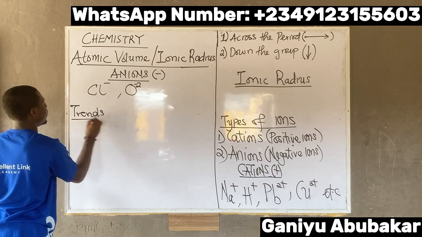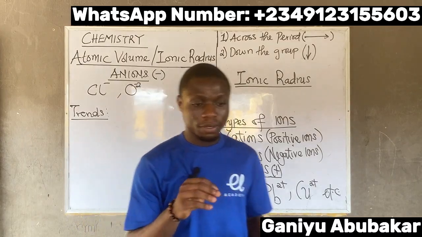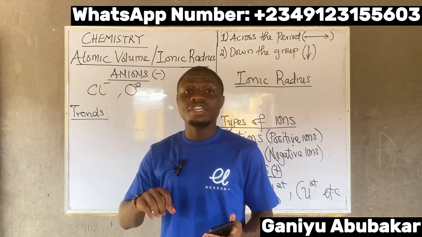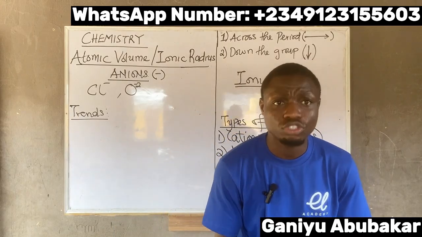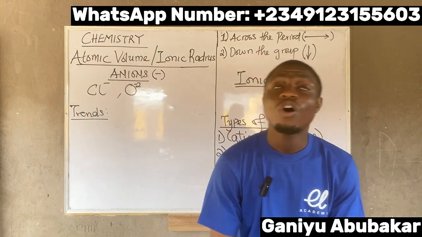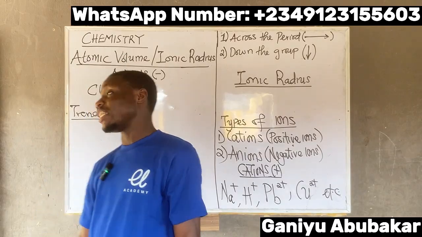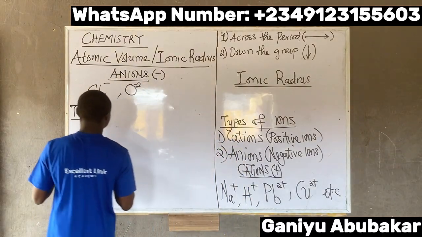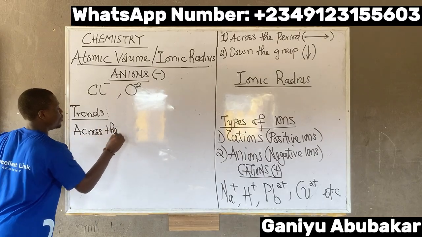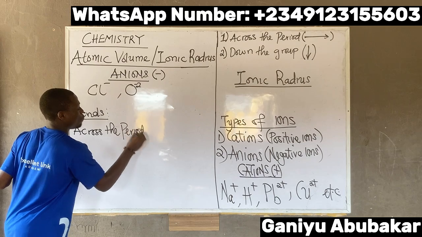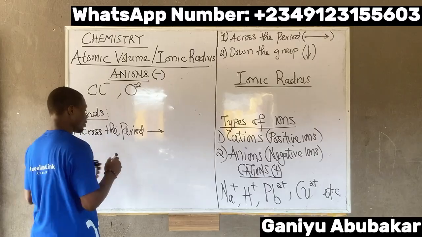We said the trends have two kinds: across the period and down the group. So across the period, what happens to ionic radius? And down the group, what happens to ionic radius? That's the question. First things first, across the period.